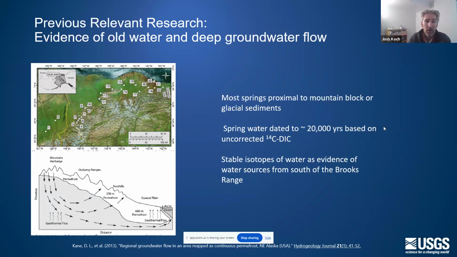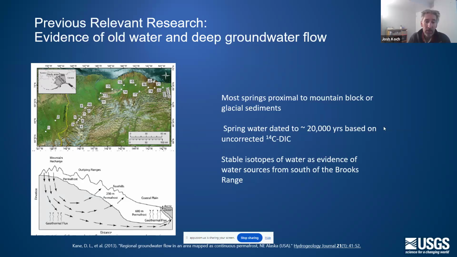They used 14C measurements on the DIC to come up with ages for these waters of around 20,000 years, although recognizing that the water was likely flowing through limestone aquifers and so potentially impacted by that carbon dead signature. And so the real ages may be younger than that 20,000.